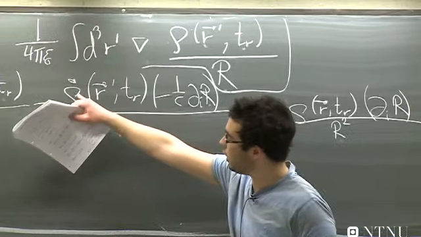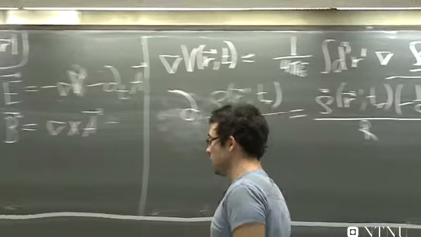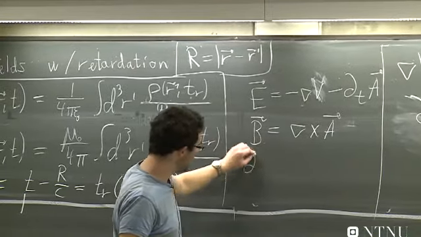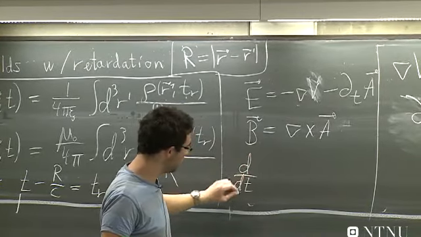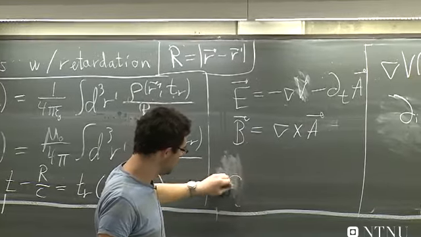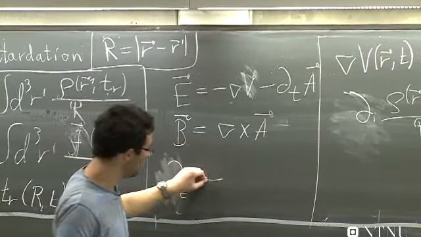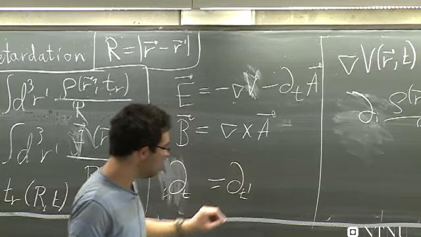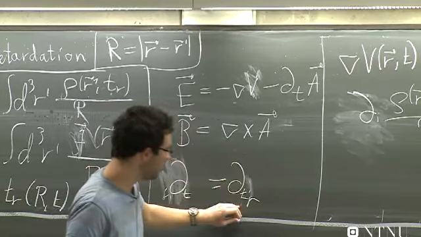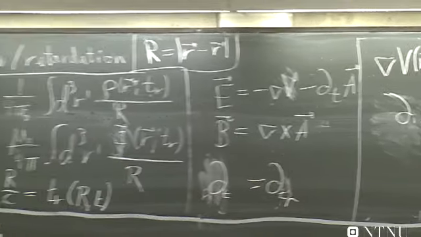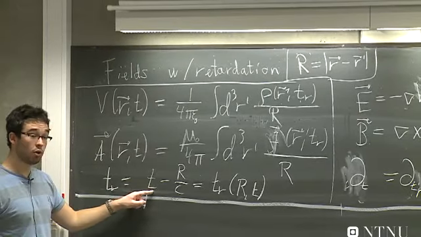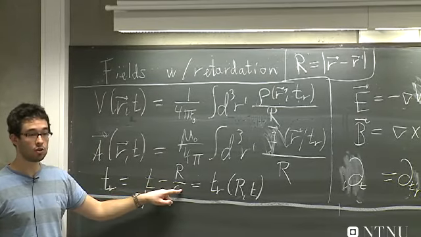Note also that here I put the dot because the partial derivative with respect to time is equal to the partial derivative with respect to the retarded time, because the retarded time is simply the ordinary time minus something that does not depend on time.